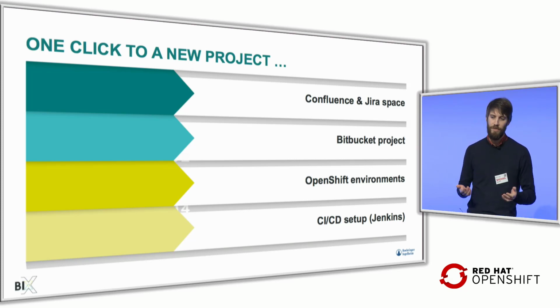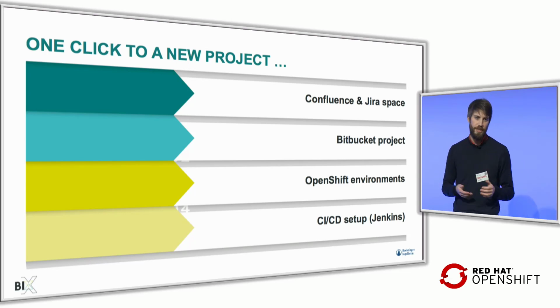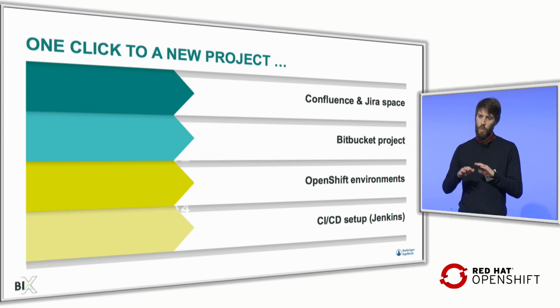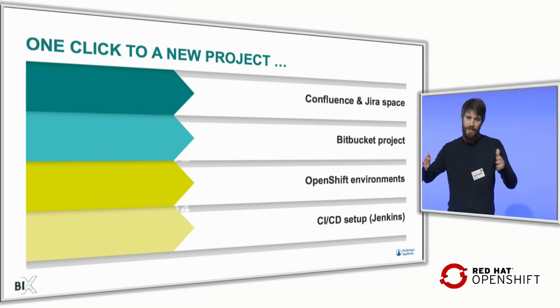You get OpenShift environments. Initially you get 2, for development and staging, and you can add more as you go. And every initiative also gets their own CI/CD setup, so you get your own Jenkins instance, and some things around that, which I'll get to later. With this setup, an initiative is ready to go. There is no code yet, there's no application yet, but you basically have the space in which you can operate.